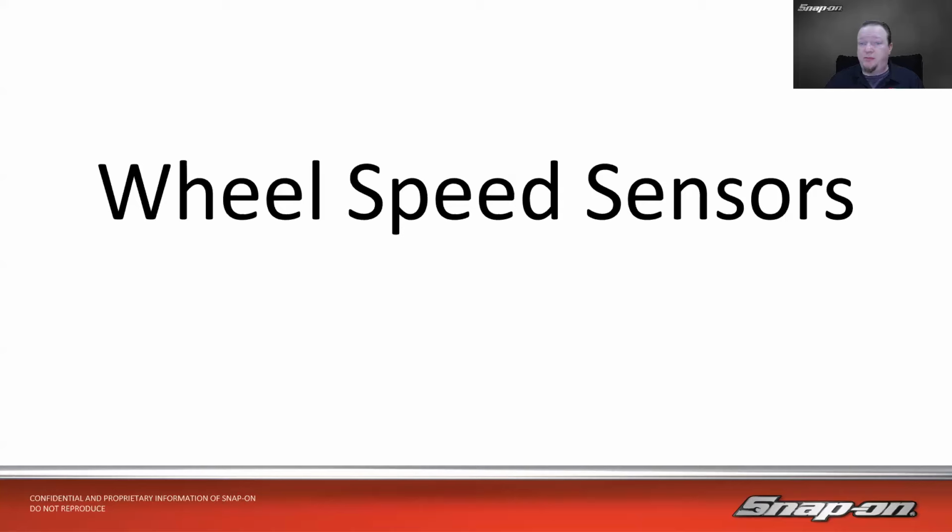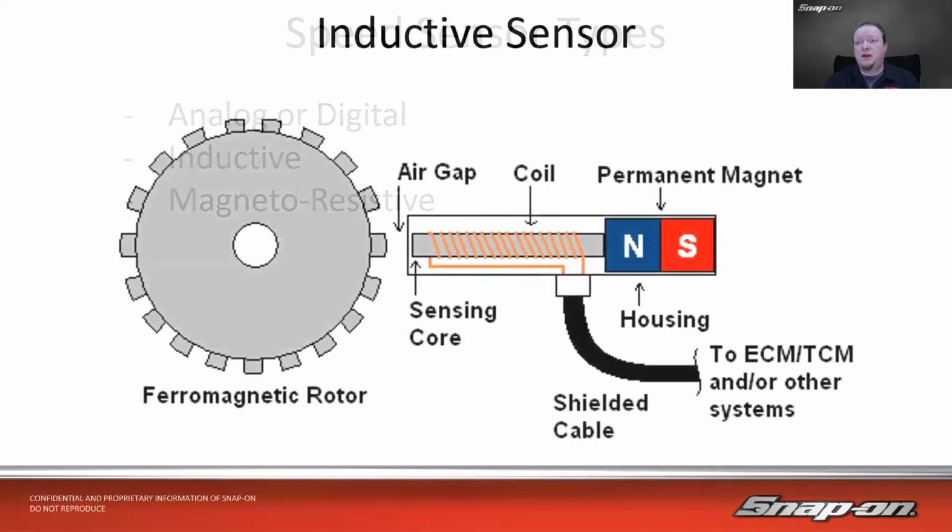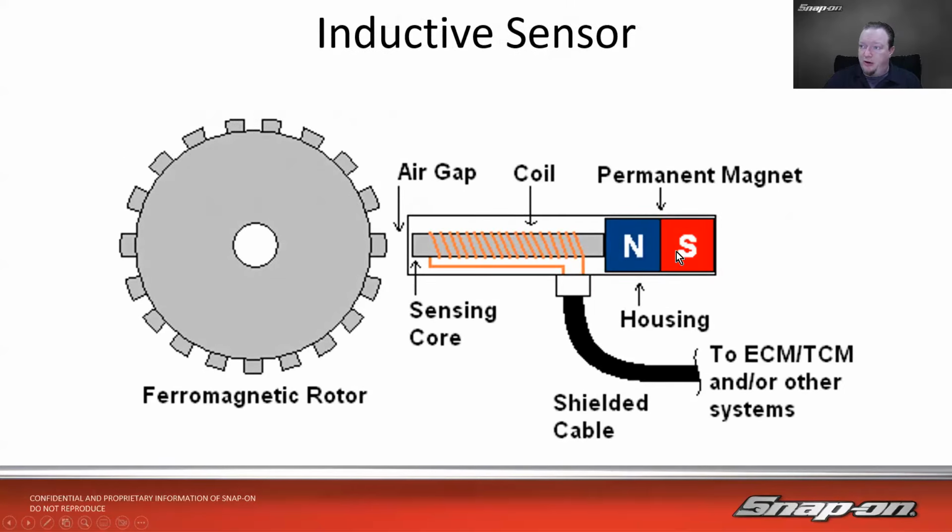So we'll have the wheel speed sensors, and they can be analog or digital. In the analog realm, they're usually going to be inductive, and in the digital realm, they're usually going to be of a magnetoresistive type. An inductive sensor has a coil and a permanent magnet in there.